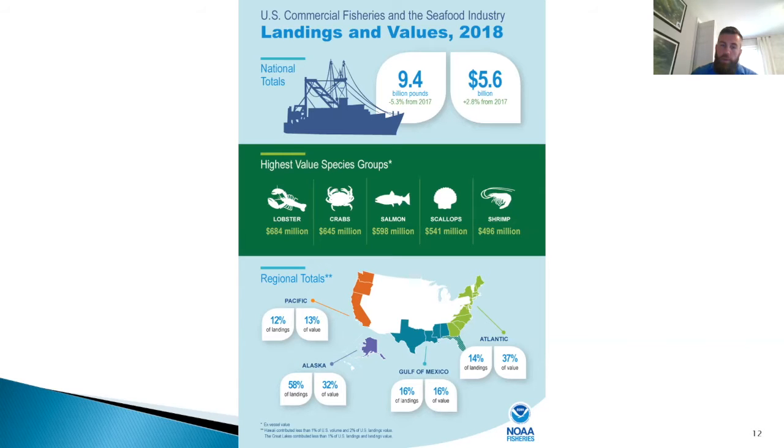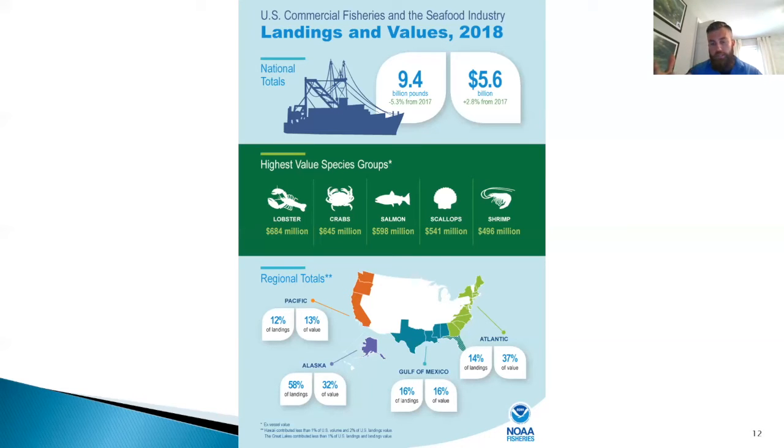We can also compare relative port or area values. We look at the Atlantic, we have 14% of the landings, but about 37% of the value. So we have essentially this disagreement between the total amount we're landing and the total amount of value. Whereas when you look at Alaska, 58% of the fish are landed in Alaska with 32% of the value. And so that kind of makes more intrinsic sense in terms of higher production, higher value.